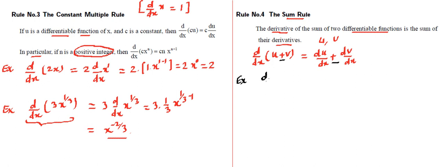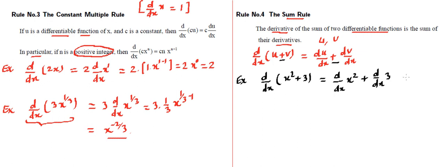So let's say somebody asks d upon dx of x square plus 3. This is a function that we need to differentiate. There's an addition sign, so we will separate them and write d upon dx of x square plus d upon dx of 3.